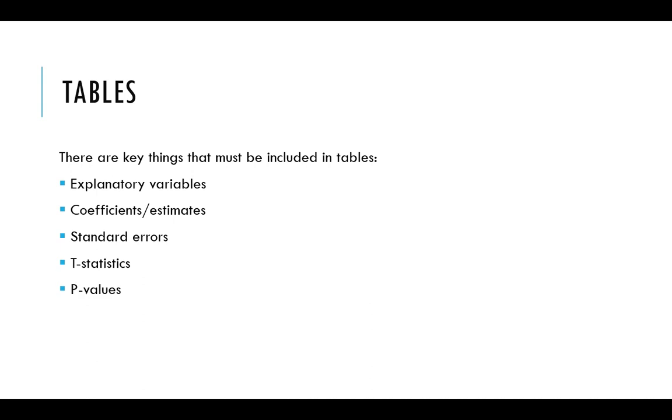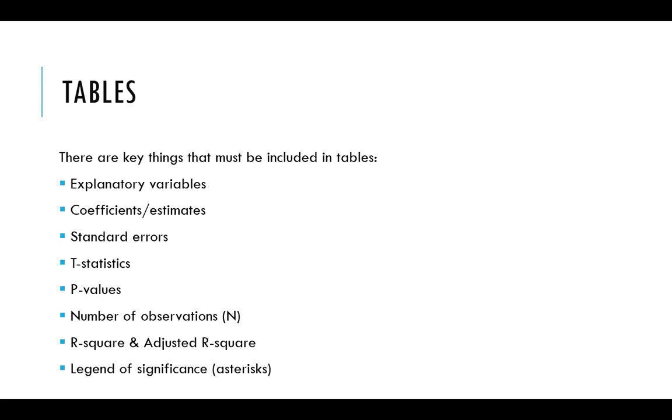T-statistics, your p-values, the number of observations, your R-squared, and your adjusted R-squared. These are all things that need to be there. And then finally, you need to add to that a legend for indicating significance, and that's using an asterisk method. This is pretty common across disciplines, so I'll show you that as well. This does mean that you might have to craft your own tables that Excel may not give you exactly what you need in the format that you need it.